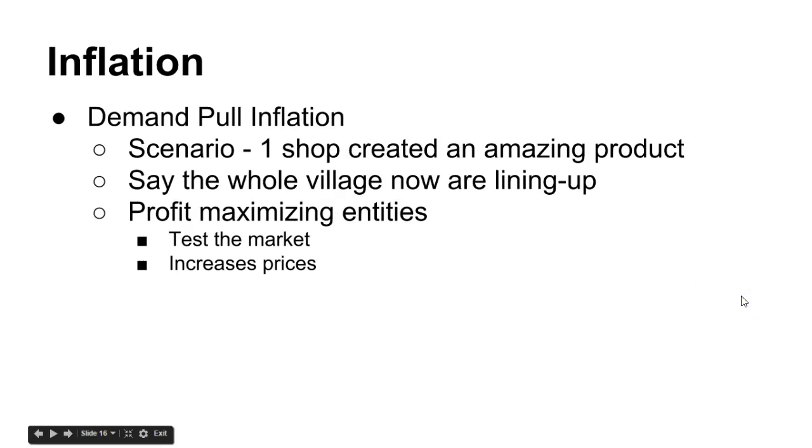And finally, the demand pull inflation. Over here, in terms of demand pull, assuming there's this one shop which sells the world's greatest widget, and every time they come up with a new variant of that particular widget, the villagers just go crazy and line up to buy it.